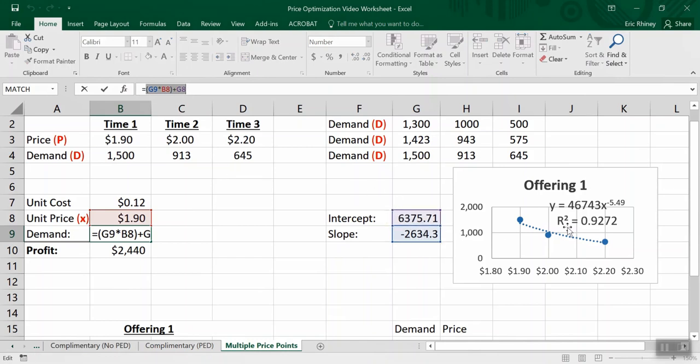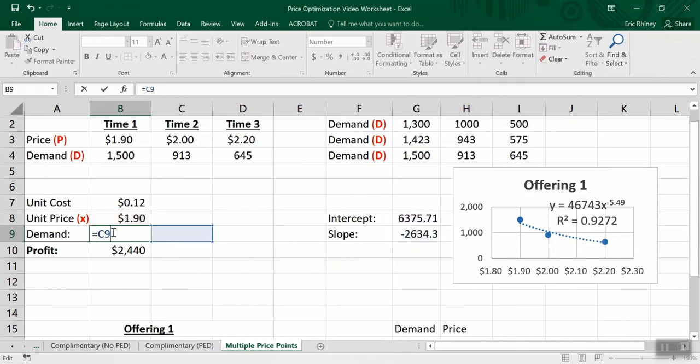And unfortunately, there's no way that I am aware of. Somebody else might know of a way that we can calculate this power intercept. And really there's no intercept, but kind of this base and this slope function here. Using different formulas, but I don't know how to do that.